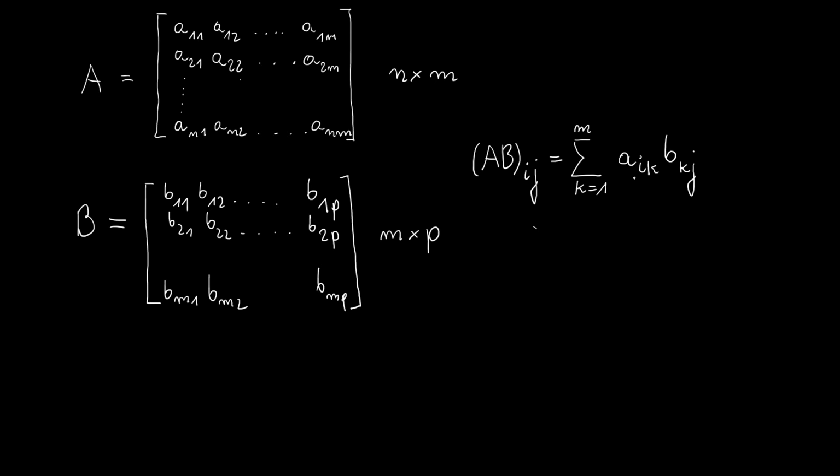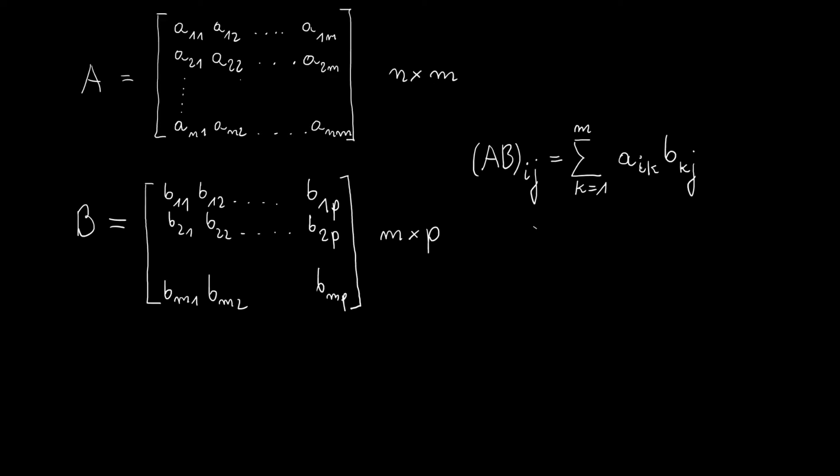Once again, we have chosen the ith row from matrix A, and the jth column from matrix B.